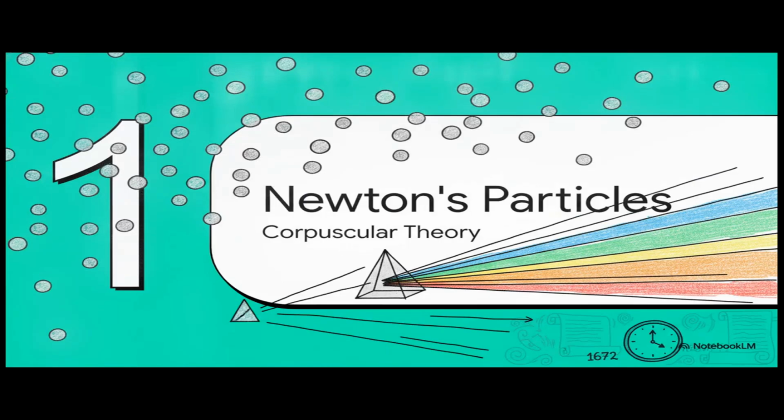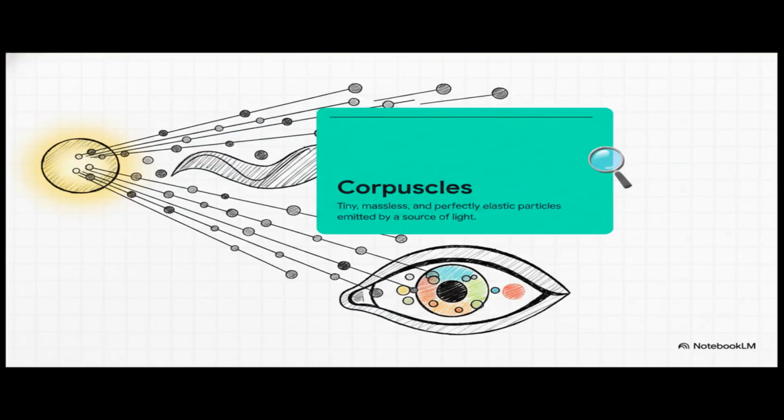Okay, starting off with section 1, Newton's particle proposition. So, building on earlier suggestions by Descartes in 1637, Sir Isaac Newton basically visualized light as being made up of tiny, invisible bullets. He called them corpuscles. These were thought to be incredibly small, perfectly elastic particles with negligibly small mass, emitted directly by a light source.